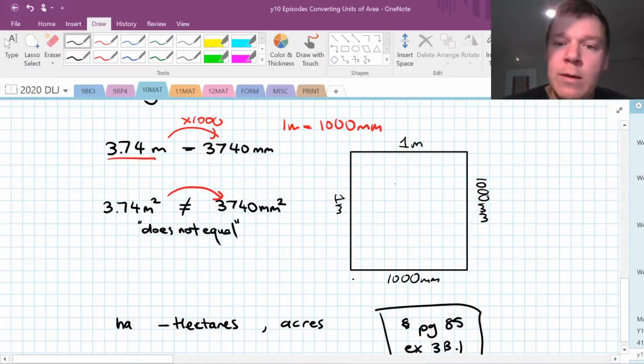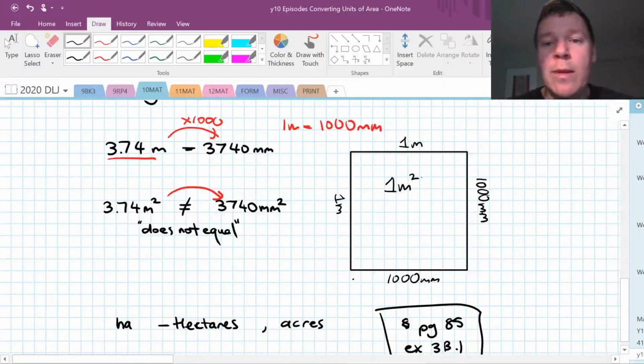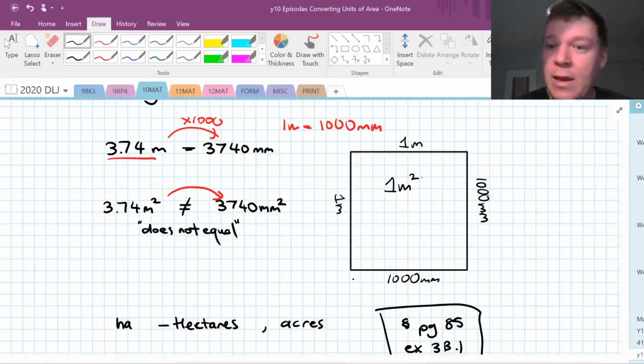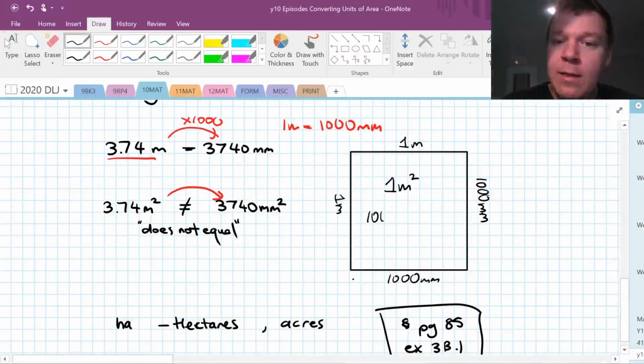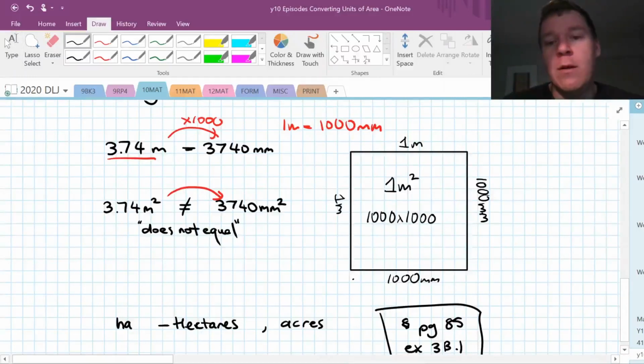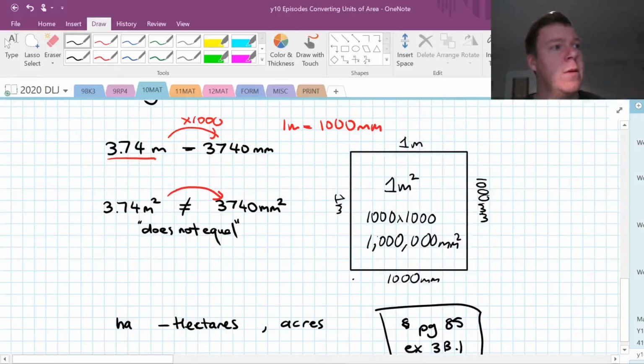So the area inside this square is 1 meter squared, or it is 1,000 times 1,000 millimeters. So it's actually 1 million millimeters squared.